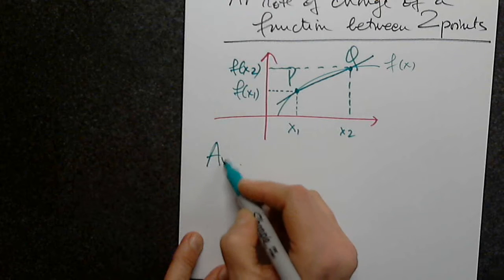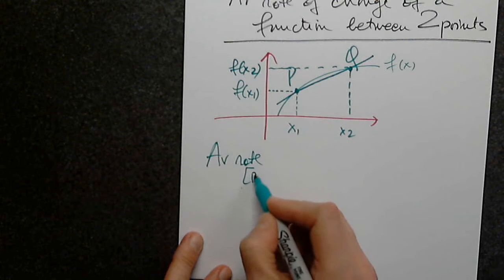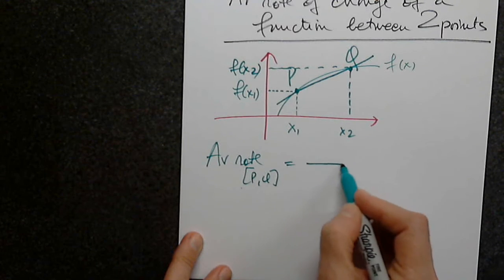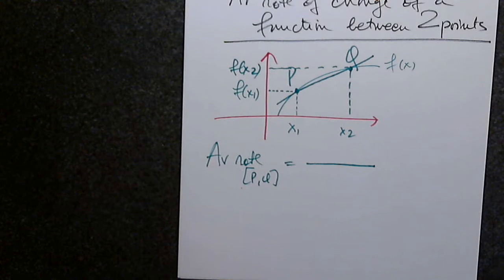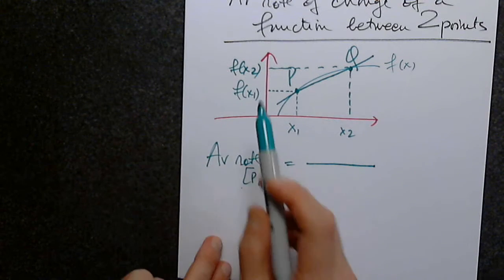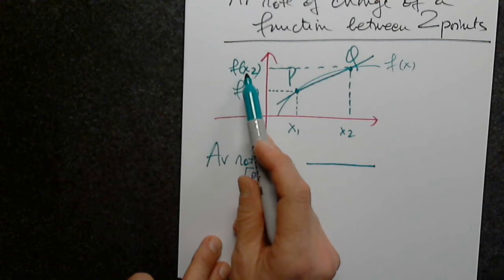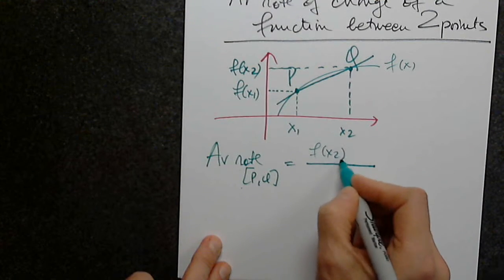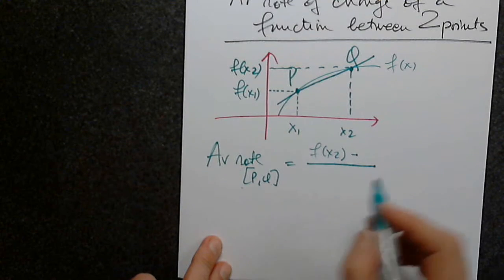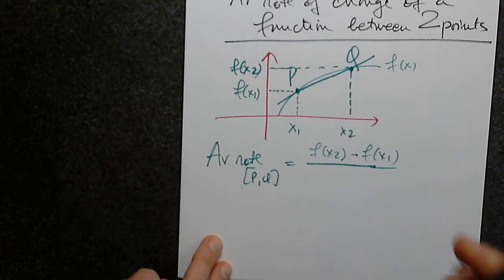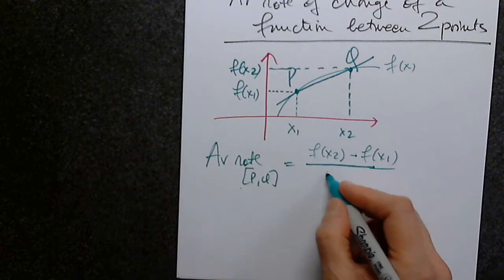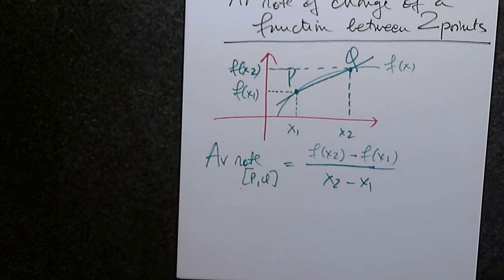Can anyone dictate the slope of this line? Exactly. f of x2 minus f of x1 over x2 minus x1. This is the average rate of change for any function between 2 points.